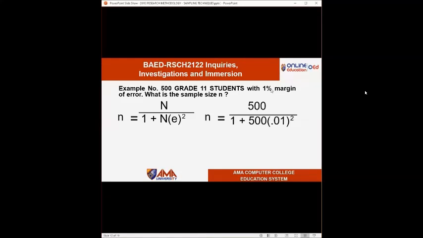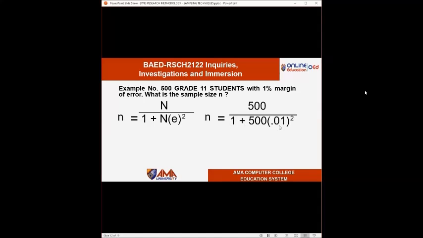And then yung 1% kasi into decimal value, that is 0.01, then the power of 2. So, ang gagawin natin dito, kukunin muna natin ito. 0.01 times 0.01. Kasi nakaano siya, power of 2. Ibig sabihin, i-multiply mo yung sarili niya ng 2 beses. Then multiply it by 500 plus 1.